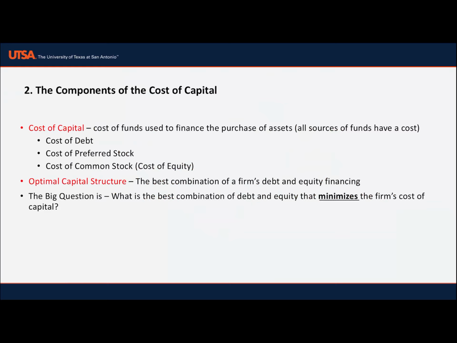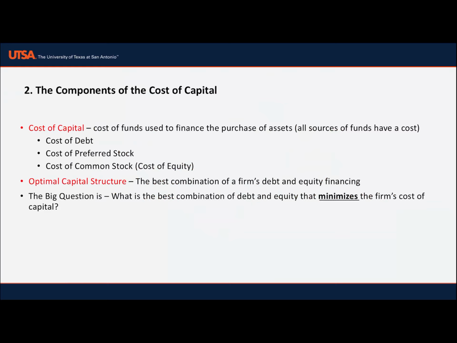A firm may borrow from a variety of sources and may issue preferred and common stock to raise funds. Lenders and stockholders are not altruistic. Creditors demand interest payments, and stockholders want a return from dividends and price appreciation. All sources of funds have a cost. So the question becomes, what is the best combination of debt and equity financing that minimizes the firm's cost of capital?